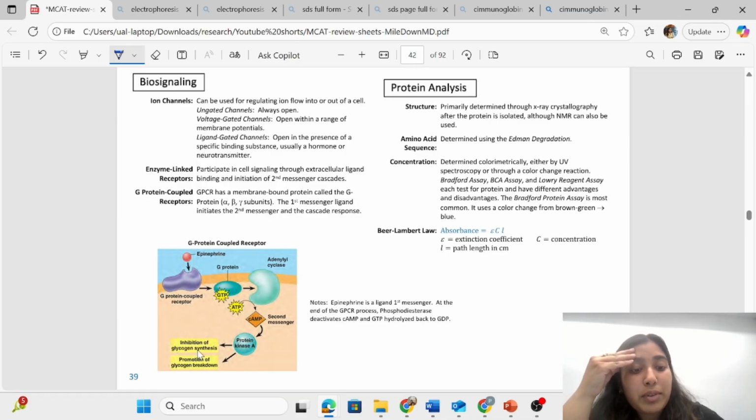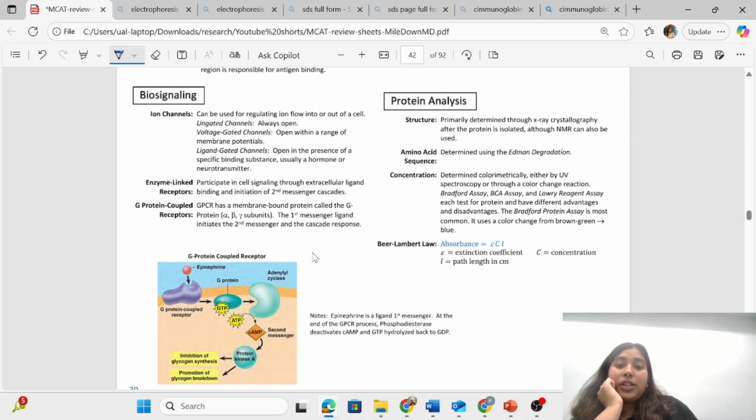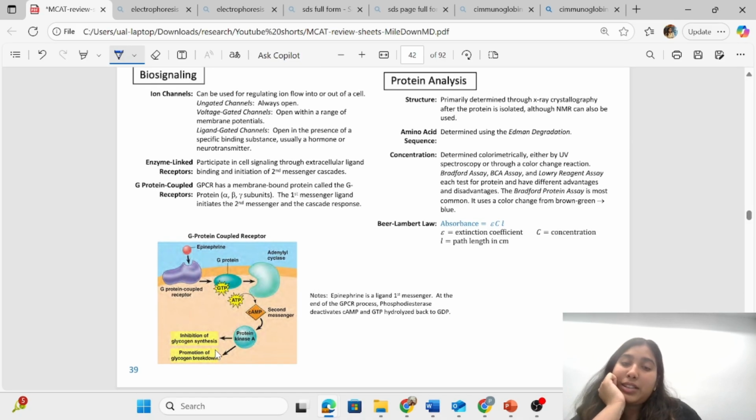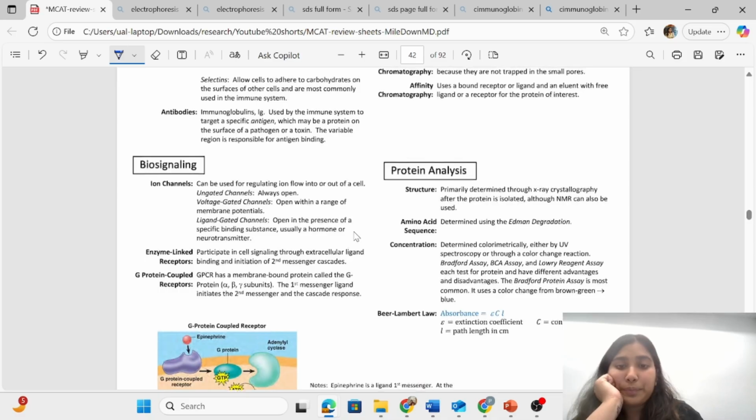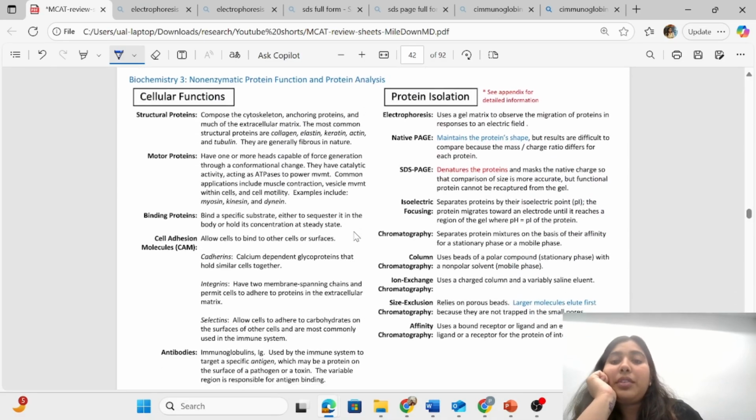So in that situation, we won't store sugar, we will use the sugar. And is this process catabolic or anabolic? Yes, it's catabolic because we are breaking down glycogen to get energy and use energy. So in catabolic, this will promote, and then this will inhibit. Okay, that's what we learned.